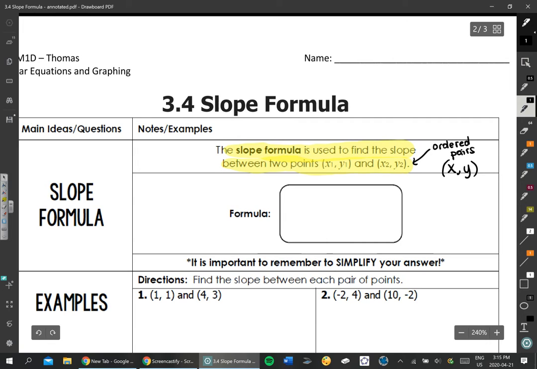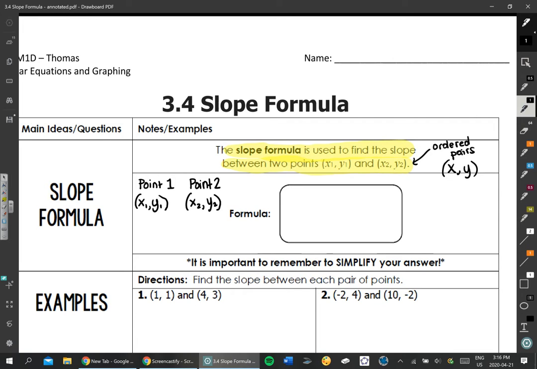Okay? So if we're given 2 points, let's say point 1, we say that the coordinates for point 1 can be x sub 1, y sub 1, okay? And we say point 2 can have the coordinates of x sub 2 and y sub 2. Okay, so we have 2 coordinates, and we have the x coordinate and the y coordinate for both.